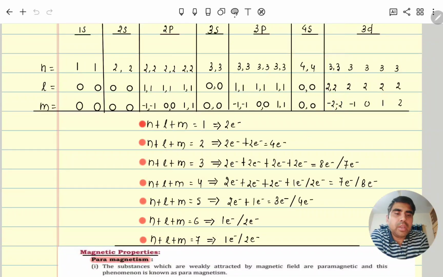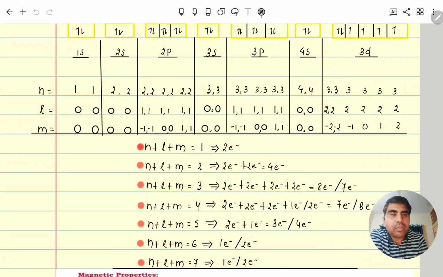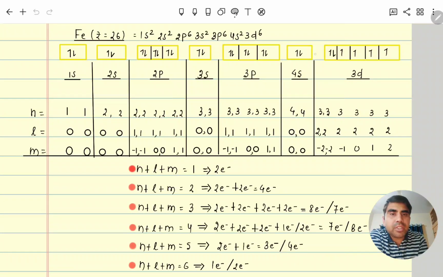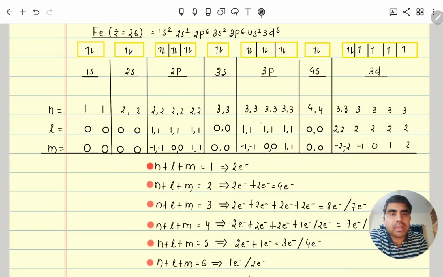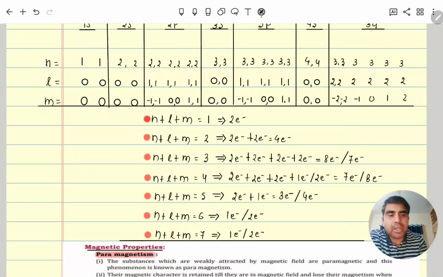So the total is either 8 or 7. Why? Because this electron could be here, here or here, since it is a degenerate orbital, so it could be anywhere. That's why it will be either 8 or 7. Similarly, you can calculate the remaining.